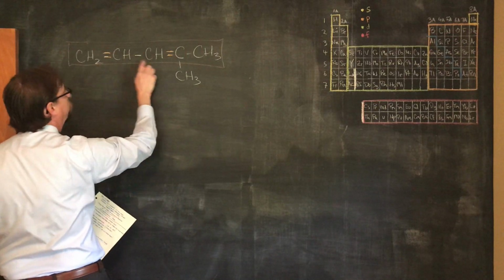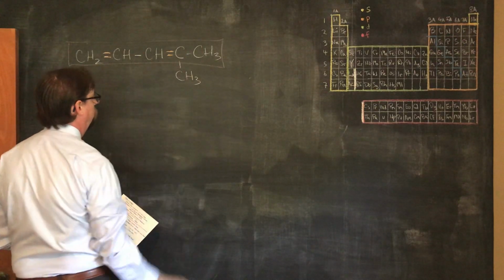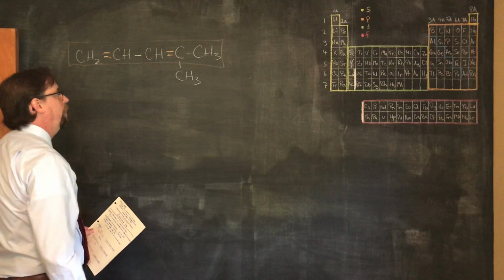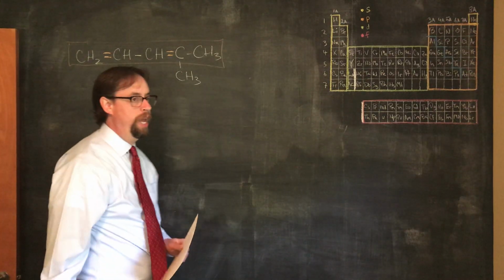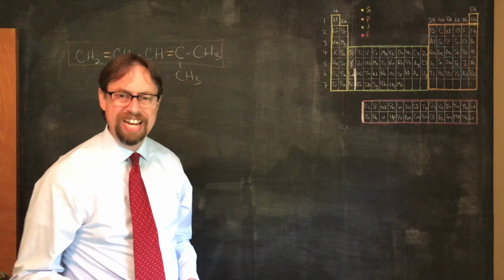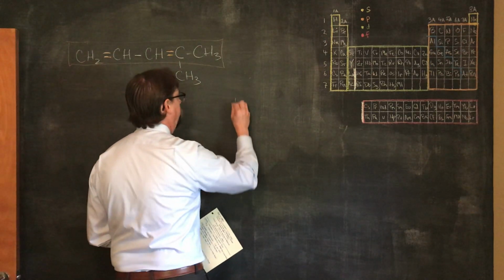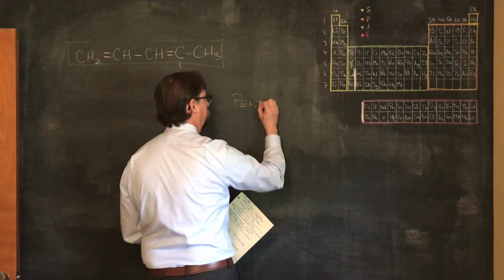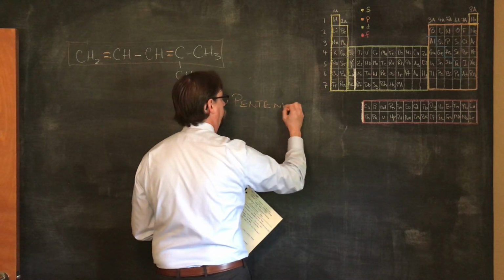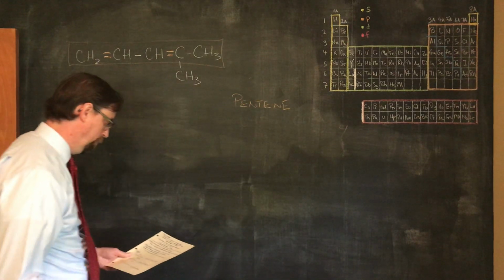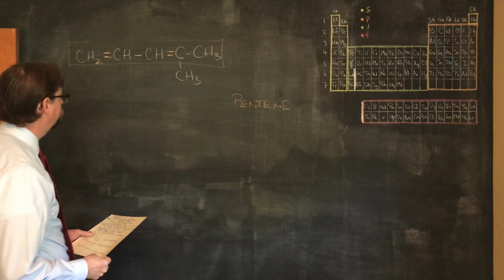That's the main group. Let's see how many carbons long. It's 1, 2, 3, 4, 5 carbons long. So 5 carbons means that we're into the pentene. So pent. But we've got that double bond, so I'm going to write pentene over here. But I might modify that just because I've got two double bonds.